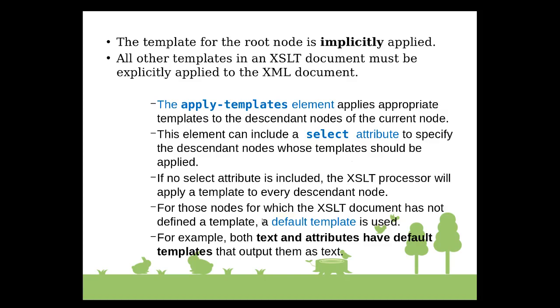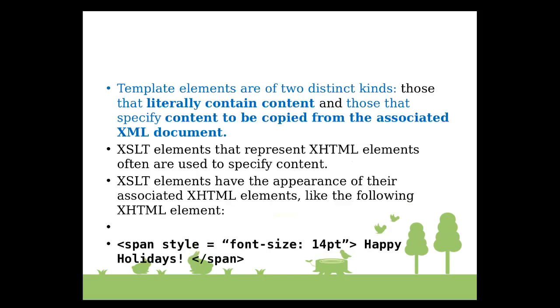And for those nodes for which the XSLT document has not defined a template, a default template will be used. Examples here are text and attributes. Those have default templates that output them as text. And template elements are of two distinct kinds.